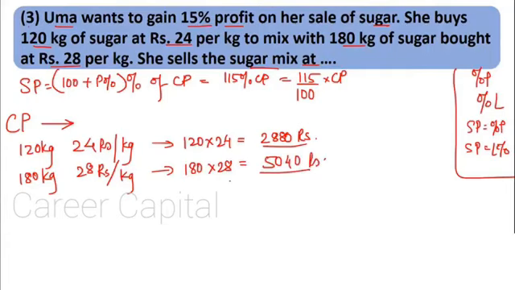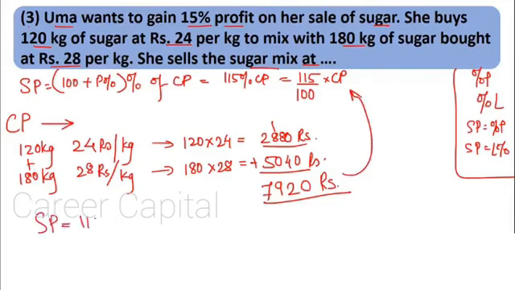Now she mixed both of these, right? So what would be the total cost price? Simply addition: 2880 plus 5040 is 7920 rupees, the total cost price. Substitute this value over here and let's get the selling price. 115 upon 100 multiplied by 7920.